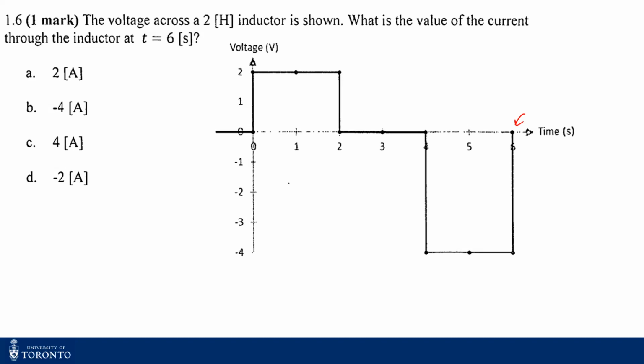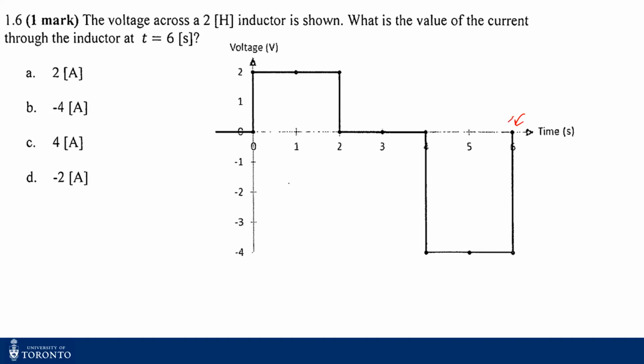Similarly, the voltage across a capacitor cannot change immediately. So we are going to use this concept to derive the current through the inductor at t equal to 6 seconds, because the current at t equal to 6 seconds will be basically the current just before 6 seconds, because immediately when you turn off the voltage, the current cannot change instantaneously, right?